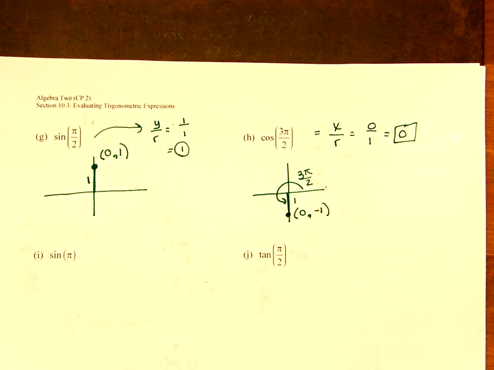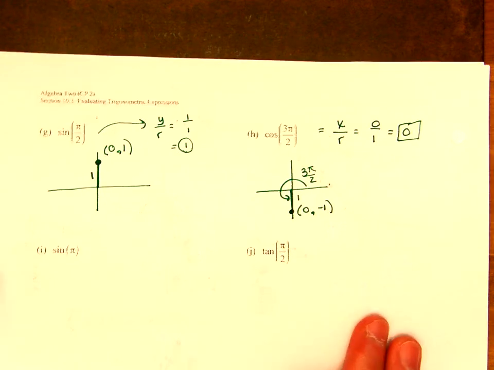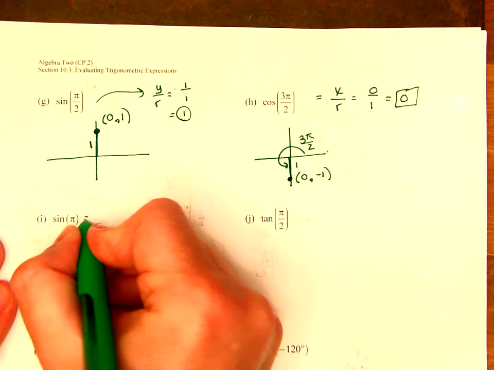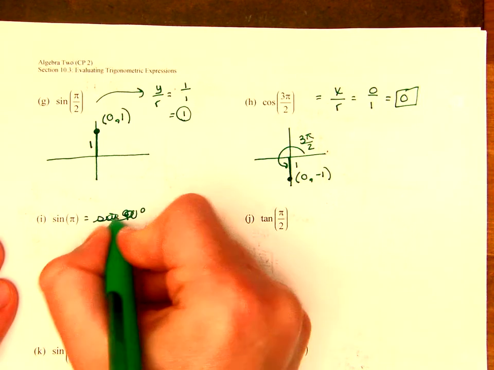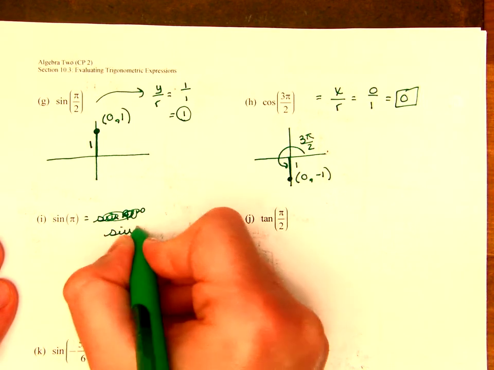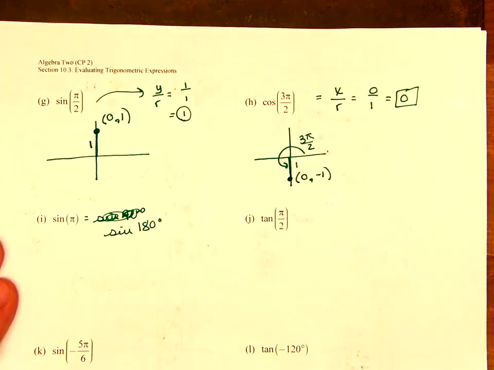These are a little weird, but I actually think a whole lot easier than the angles that land in one of the quadrants because we're just going to use some combinations of zeros and ones to figure things out here. Sine of pi, that's the sine of 180 degrees.